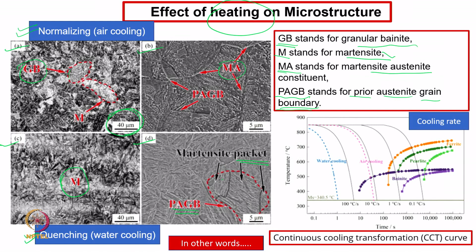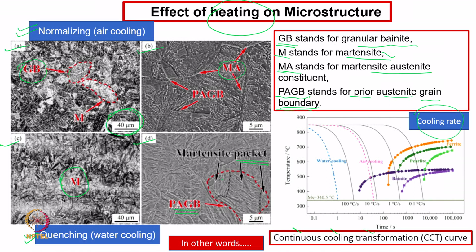So, naturally the hardness of the martensite will be on a higher side, but there will be much more chance of failure. How do we get this? Generally we go ahead with prediction well in advance using the CCT curve, that is the continuous cooling transformation curve. What does this indicate? It indicates the cooling rate.